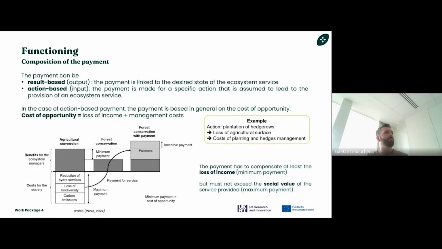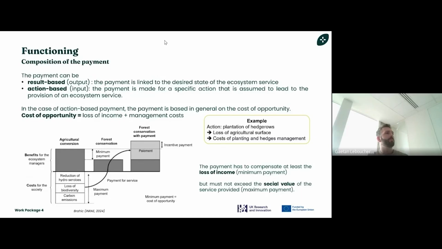So in order to incentivize the forest owner to conserve the forest, the minimum payment has to cover at least the difference in benefits between agricultural land and forest conservation. To this payment are added the incentive payments, to increase the participation of the land manager in the scheme.